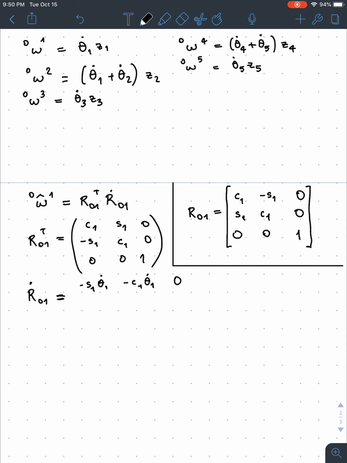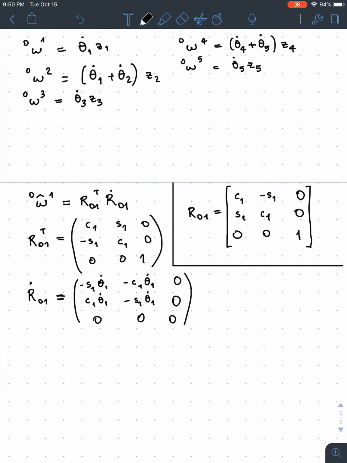The derivative of sine 1 right there is cosine 1 theta 1 dot. The derivative of cosine 1 here is minus sine 1 theta 1 dot. The derivative of 0 is 0, and the derivative of 1 here is also 0.